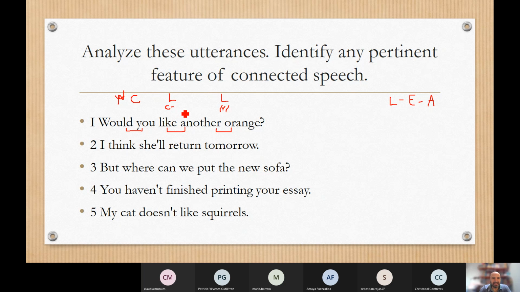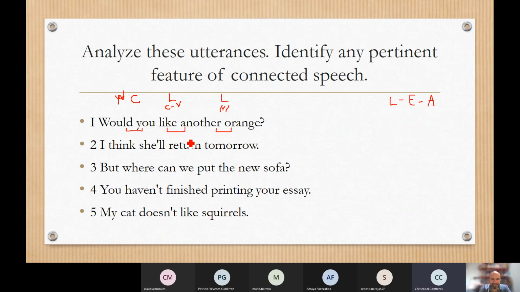And the following sound is a vowel sound. A schwa, right? So linking consonant to vowel, we can call it. Like another orange. Would you like another orange? Excellent. So we identified three features of connected speech in only one utterance.